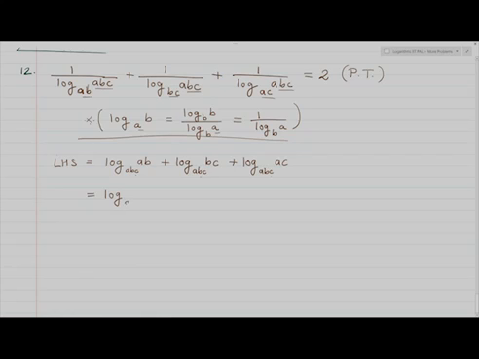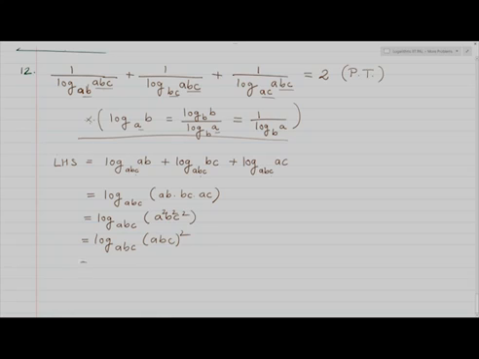So it's log to the base ABC of AB into BC into AC, which is equal to log to the base ABC of A square B square C square, which is again equal to log ABC the whole square.